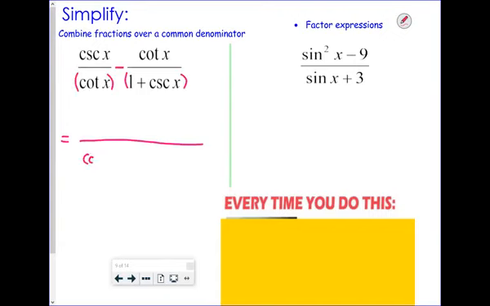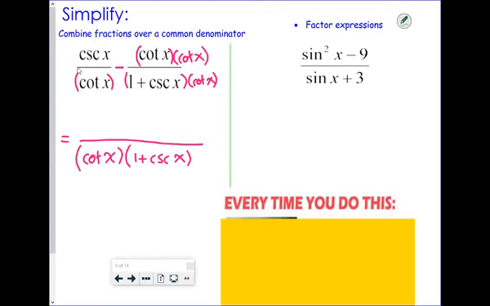So in the denominator, I'm going to have cotangent of x multiplied by 1 plus the cosecant of x. And this fraction here is being multiplied by cotangent of x, so this numerator must be multiplied by the cotangent of x.